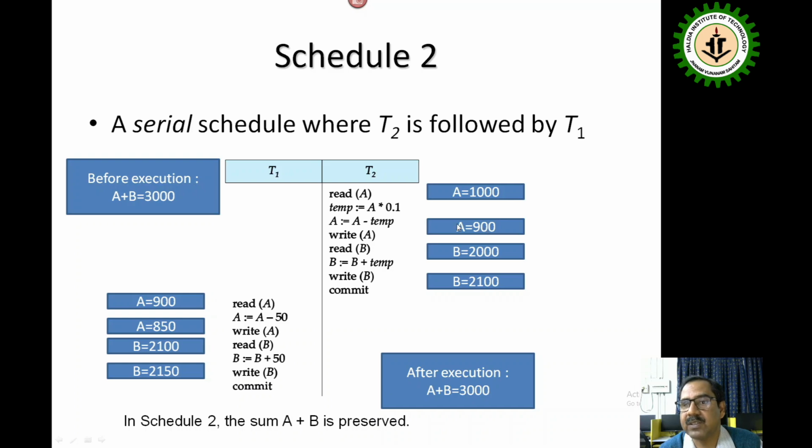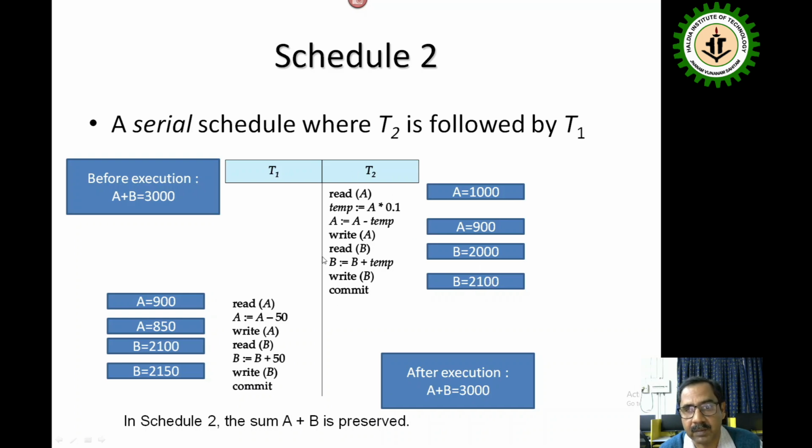Now the balance of account holder A is rupees 900. T2 now reads the data item B, which is the initial value. So the initial value of B is 2000 according to our consideration. After this step, T2 performs write operations on data item B. So B equals, this is credited by this amount, 2100.